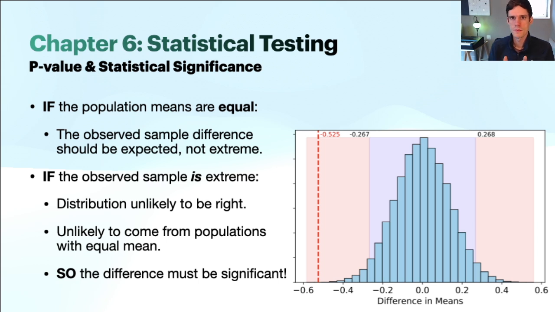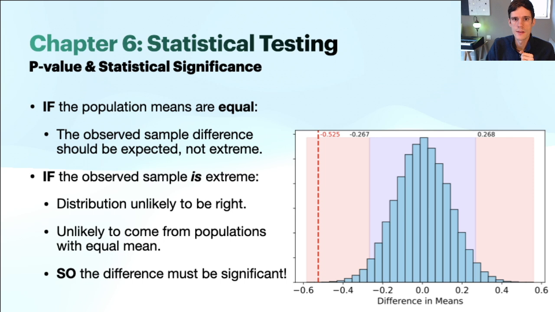So in a nutshell, the first step is that you compute your sample statistic from the samples that you are given. Then you compare this value of your sample statistic to a distribution that is true under the null hypothesis, meaning that there is nothing going on with the underlying populations. If your value lies within the bulk of this distribution, then there is indeed nothing going on with the underlying populations.